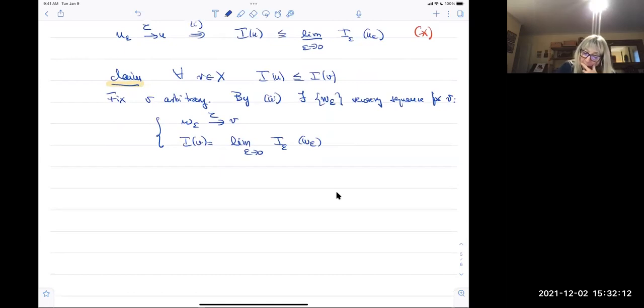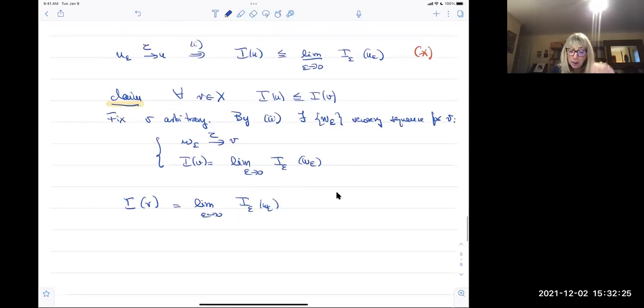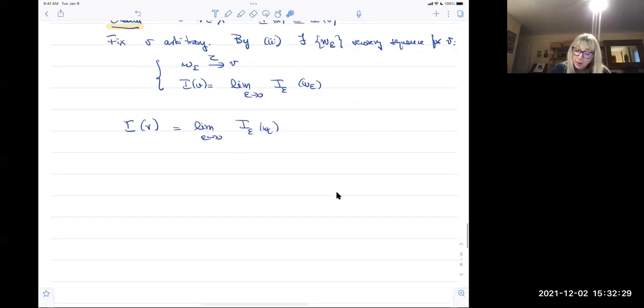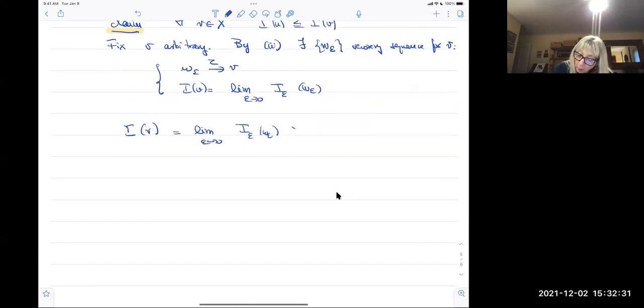So now it's a string of inequalities. I of V, as I just wrote, is the limit in epsilon of I epsilon of W epsilon. Oh, but remember, the U epsilons minimize the energy. So then I can go below with the limsup, if I wish, of I epsilon of U epsilon. That's because the U epsilons minimize the energy.